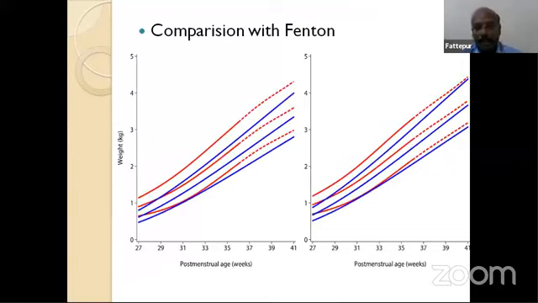Comparison with the Fenton charts, the intrauterine growth charts, is almost similar. Especially there are differences in the lesser weeks, 27 to 33 weeks. There are a lot of differences, and as you see, the red dotted lines show they smoothed the curves to the WHO growth chart.